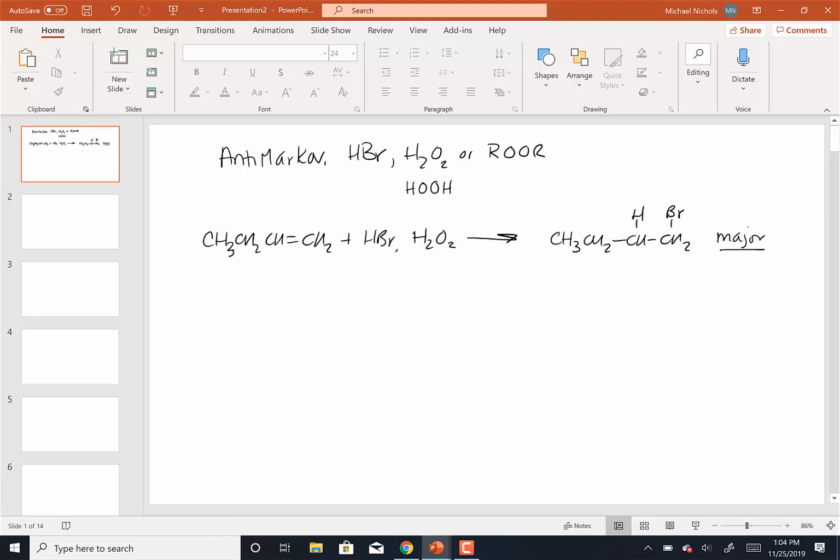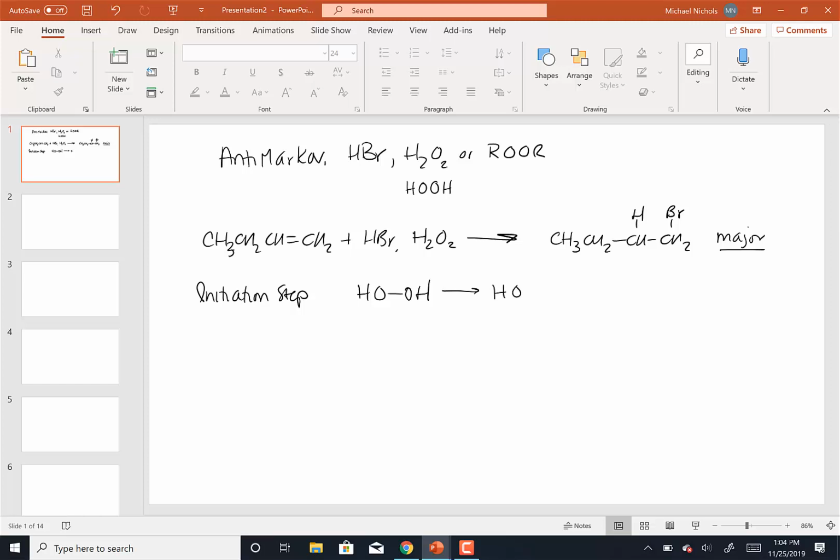So let's start with the mechanism of this reaction. It starts with what's called an initiation step. And the initiation step is when the hydrogen peroxide splits apart to form two hydroxyl radicals.